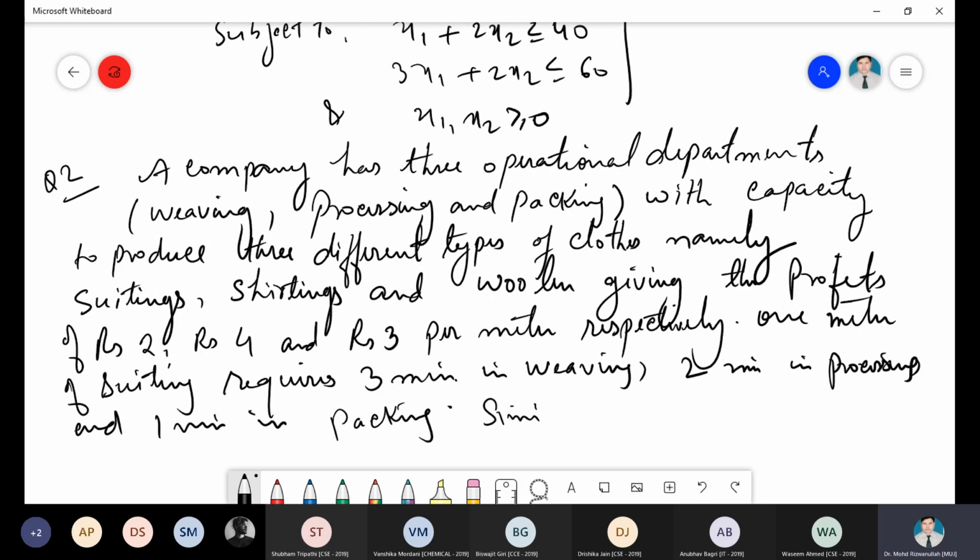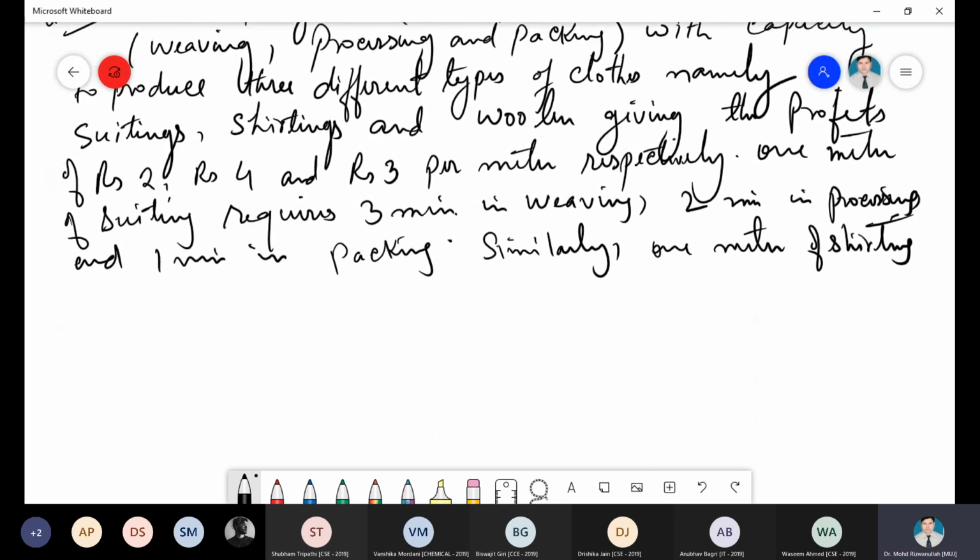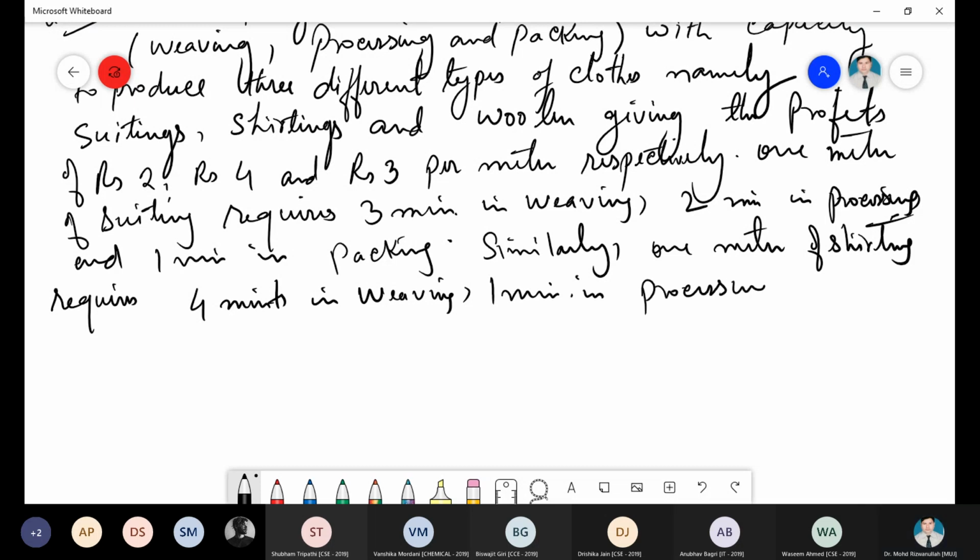Similarly, 1 meter of shirting requires 4 minutes in weaving, 1 minute in processing, and 3 minutes in packing.